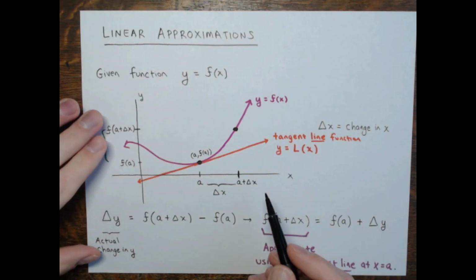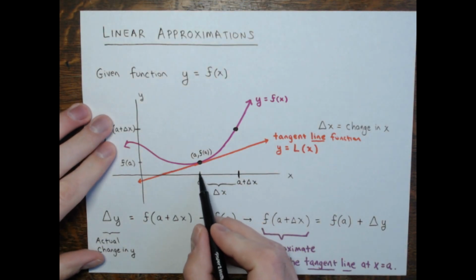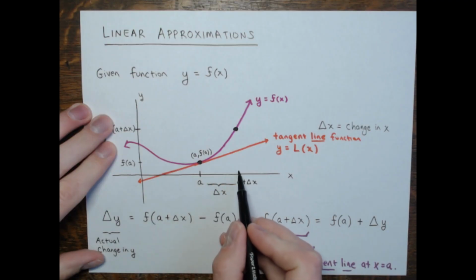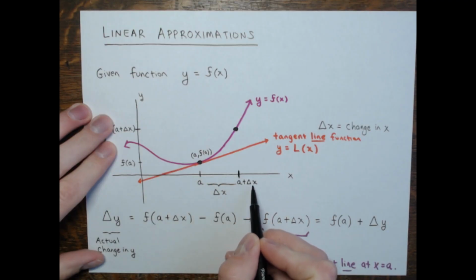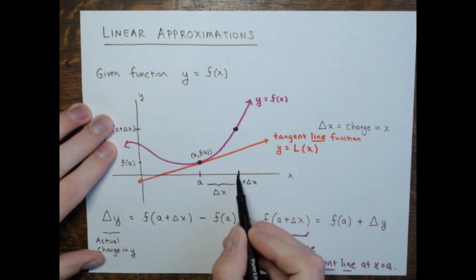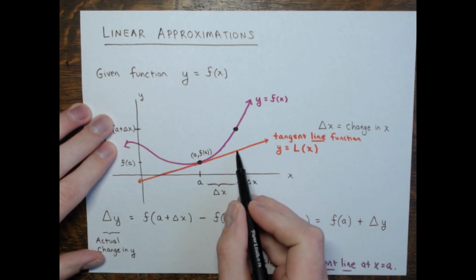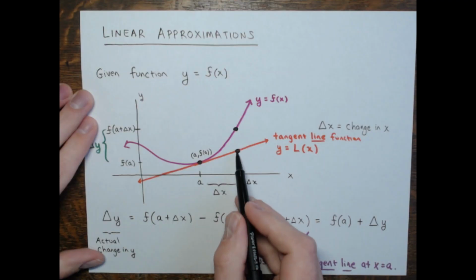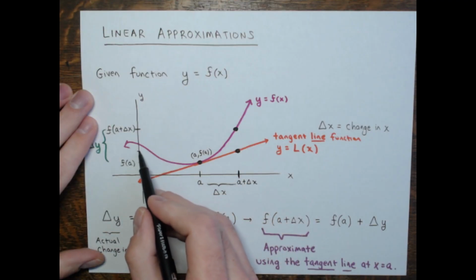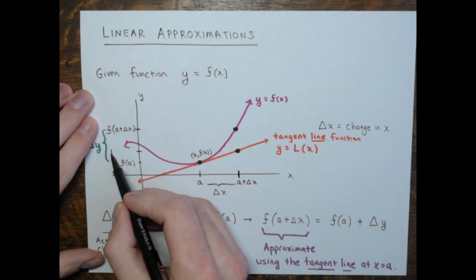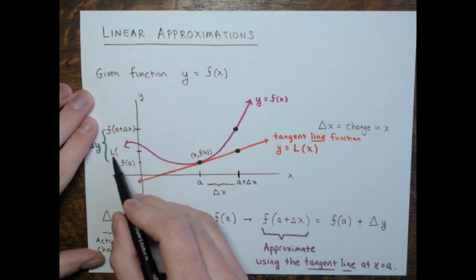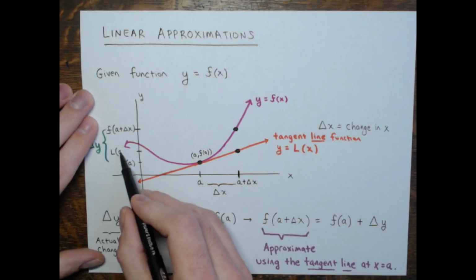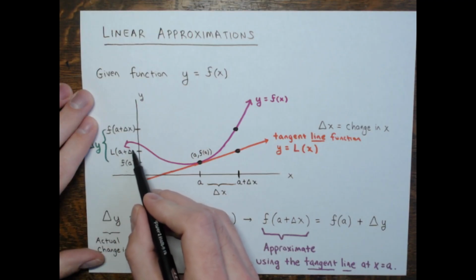So can you see now, when I plug in this a plus delta x into the tangent line function, it gets me this point here. So again, input a plus delta x, and then that output will be L of a plus delta x, the value of the tangent line function at a plus delta x.